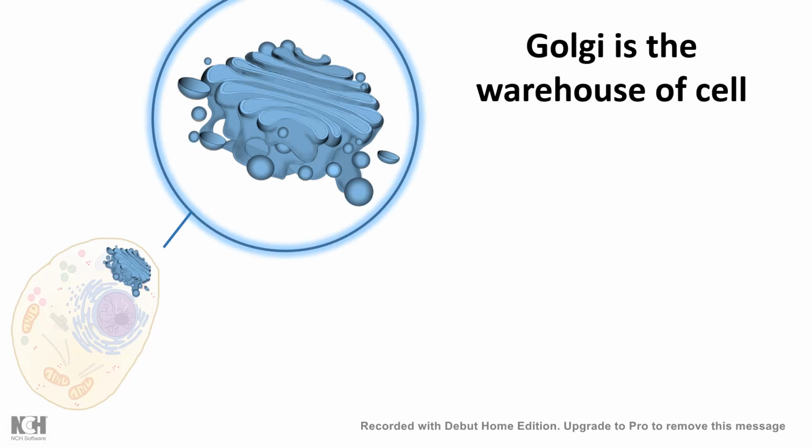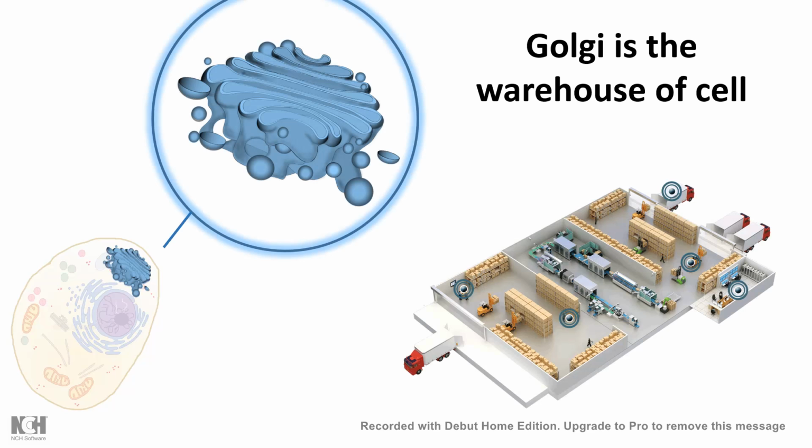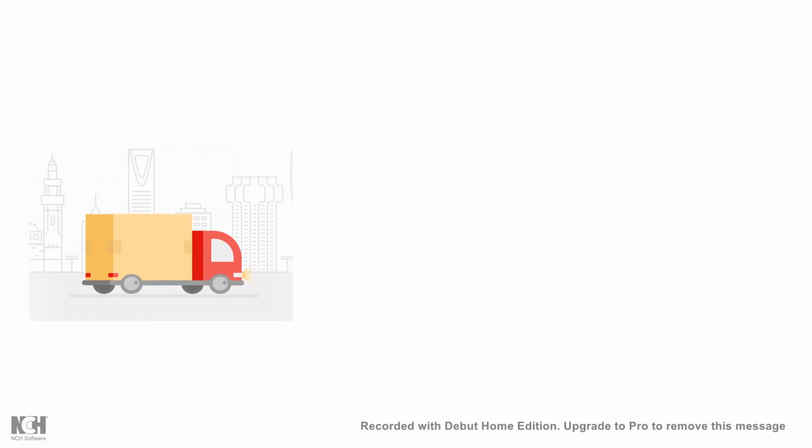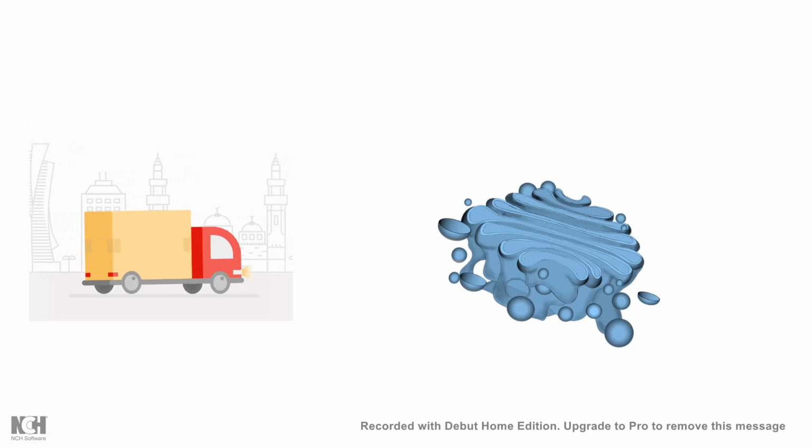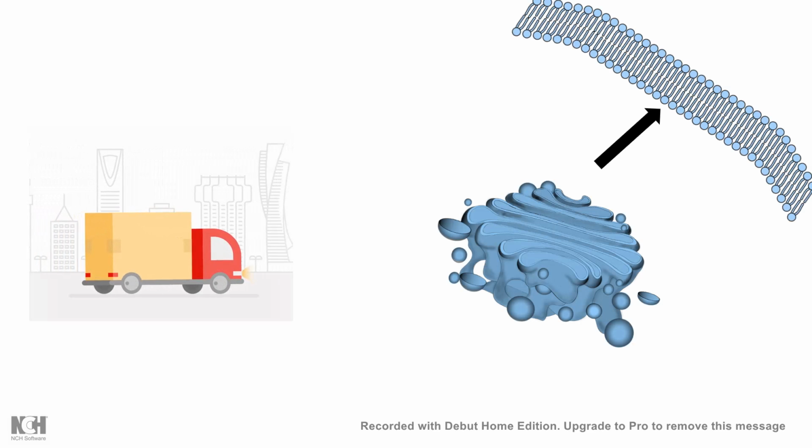So, clearly, the Golgi apparatus could be understood as a warehouse of a cell where several products are packaged and sorted out for delivery to distant locations inside the cell or maybe secreted outside the cell. Just like a warehouse where trucks take the parcels and products for delivery to several parts of the city, from the Golgi apparatus there are specific vesicles going out of the cell for secretory products.